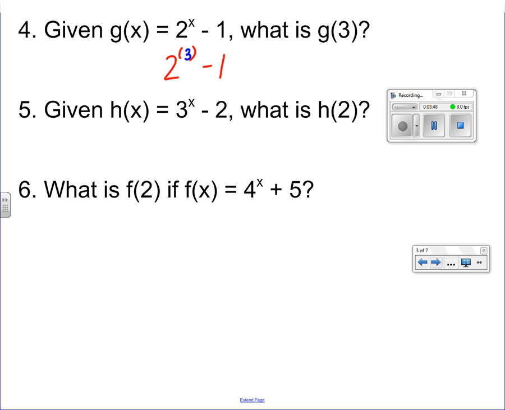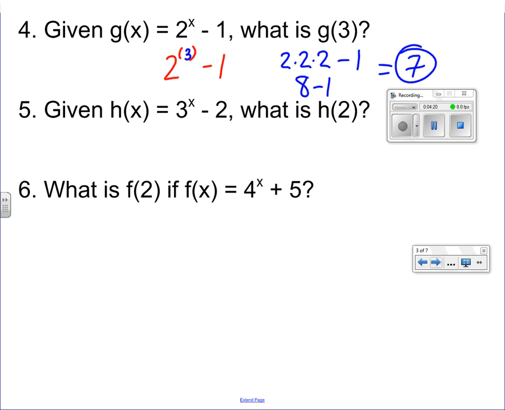So it's 2 to the 3rd power. 2 to the 3rd power means 2 times 2 times 2, and then we're going to minus 1. So let's start with 2 times 2. 2 times 2 is 4. 4 times 2 is 8. Minus 1 equals 7.